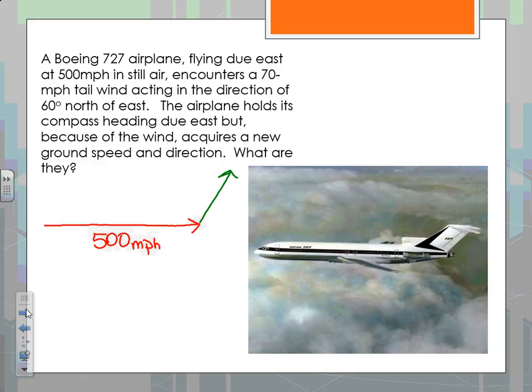Yes. So this is 60 degrees, and our magnitude is 70 miles per hour. So the plane is really going in the speed and direction of that blue vector u plus v.